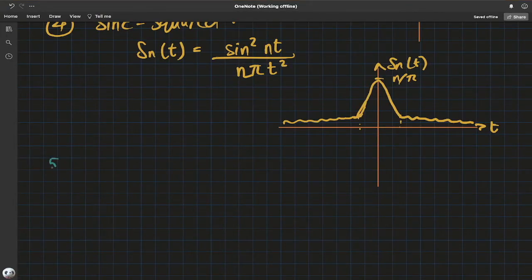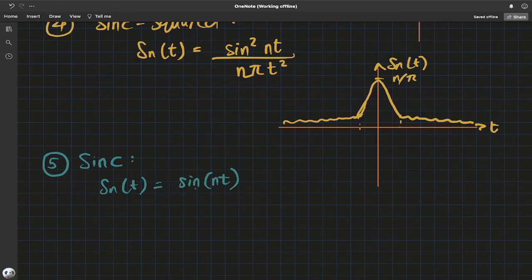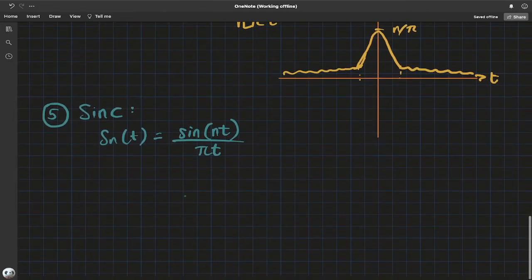One final way of doing it is using the sinc function, which is basically sort of the unsquared version of this. So delta sub n of t is sine of nt over pi t, which I believe is the Dirichlet integral.